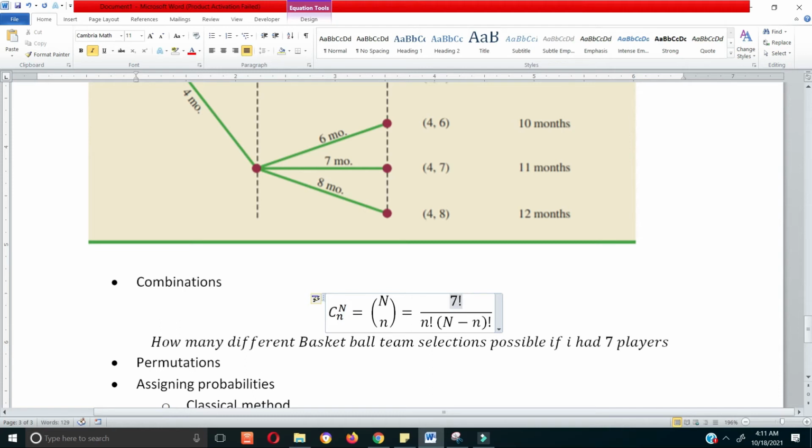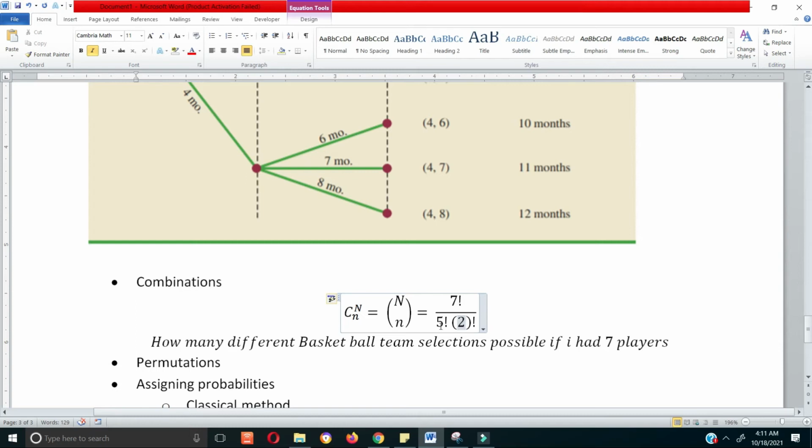A basketball team is made up of 5 players, so you have 5 factorial, then 7 minus 5 factorial, which is 2 factorial.